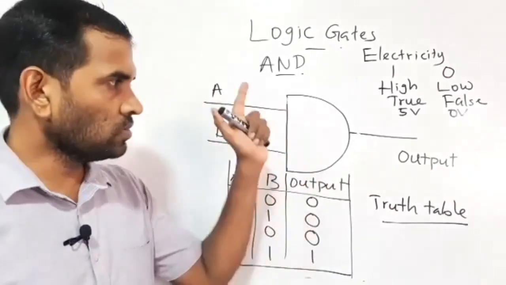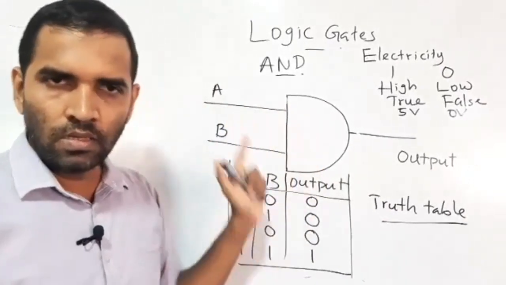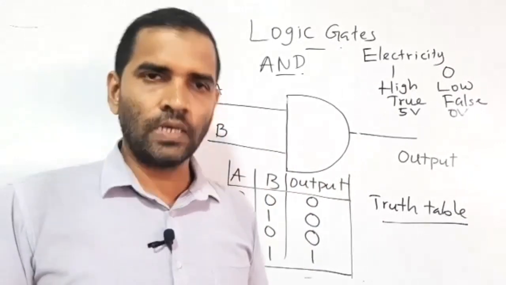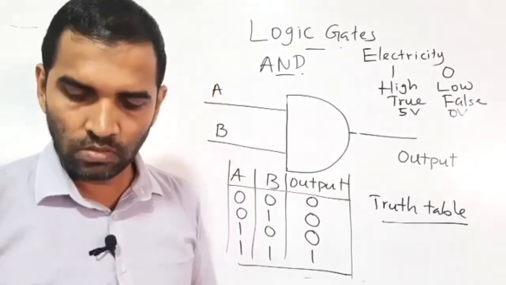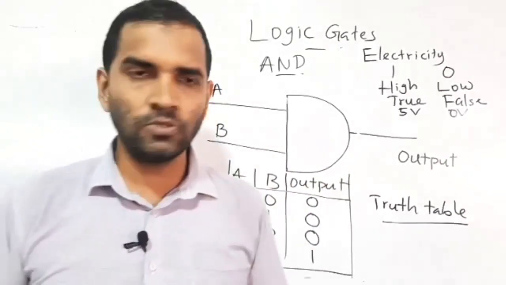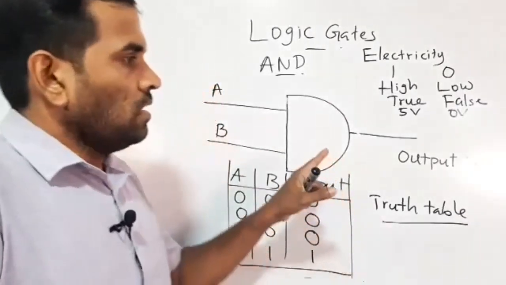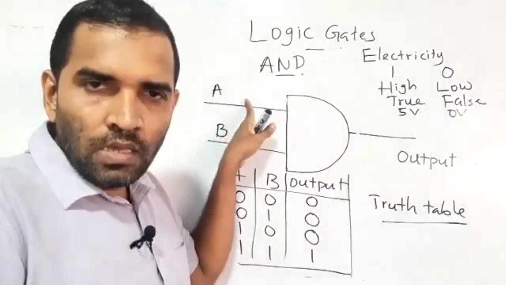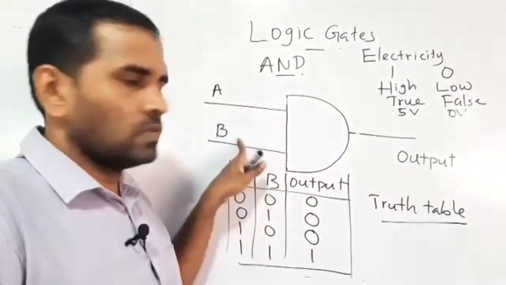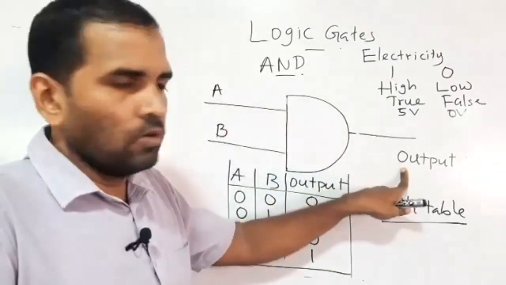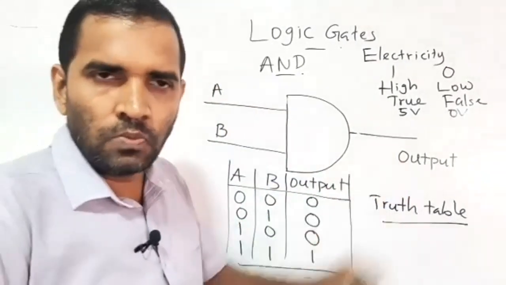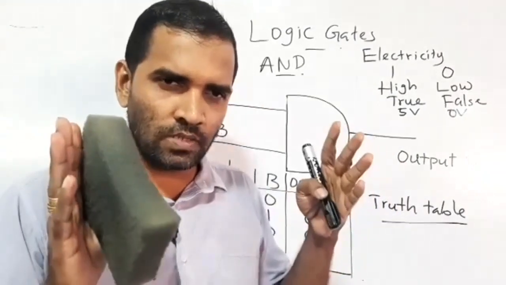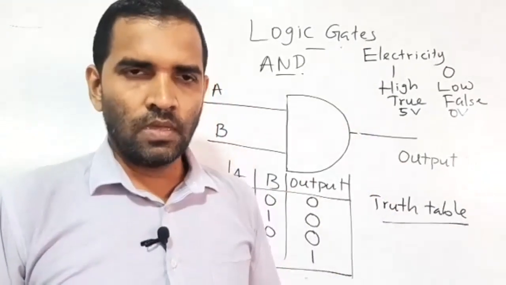Clear? So this is the symbol. This is the table for showing the function of the AND gate. Okay, one more thing. Look here. A is an input, B is another input, but look at the output. I have written the output as an English word, right?